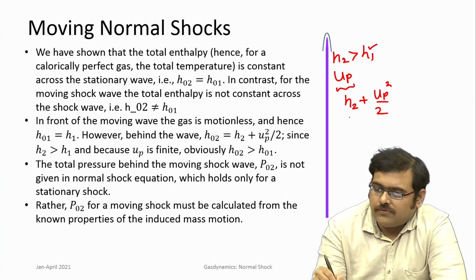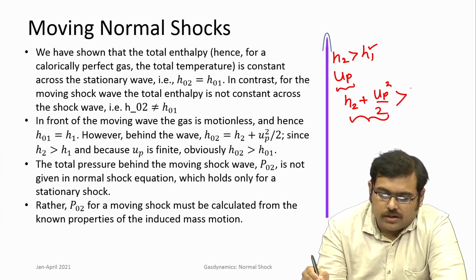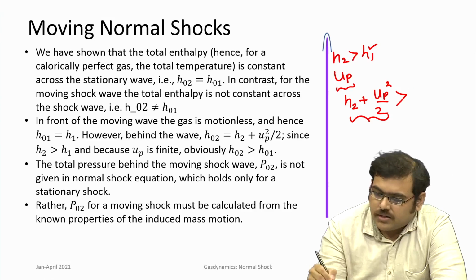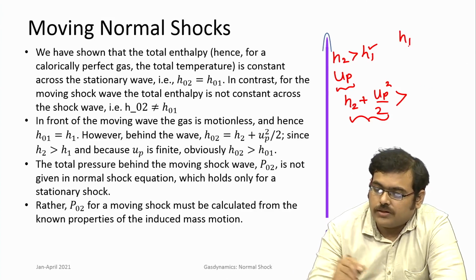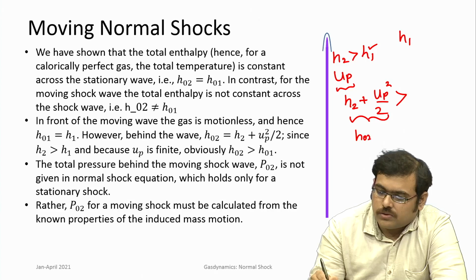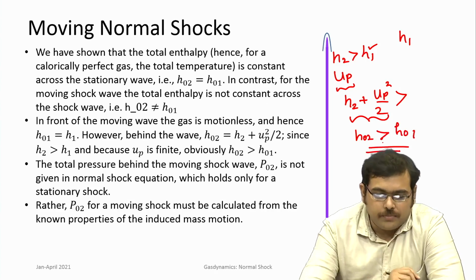So, this is definitely greater than what you had started with initially. So, you find that H01 is what you started with initially, because there was no gas motion, and we find that H02 is greater than H01. So, this is very important.